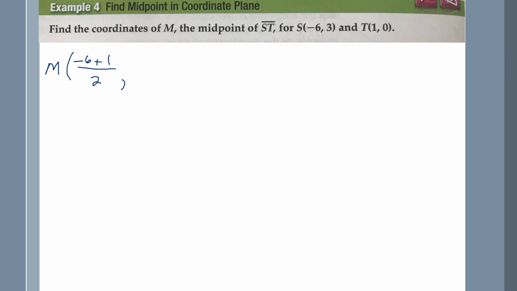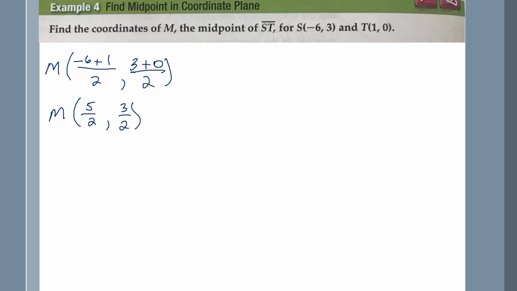And then the y values, which are 3 and 0, and divide by 2. So M is located at negative 6 plus 1 is negative 5 halves, and then 3 plus 0 is 3 over 2. So this is 3 over 2.